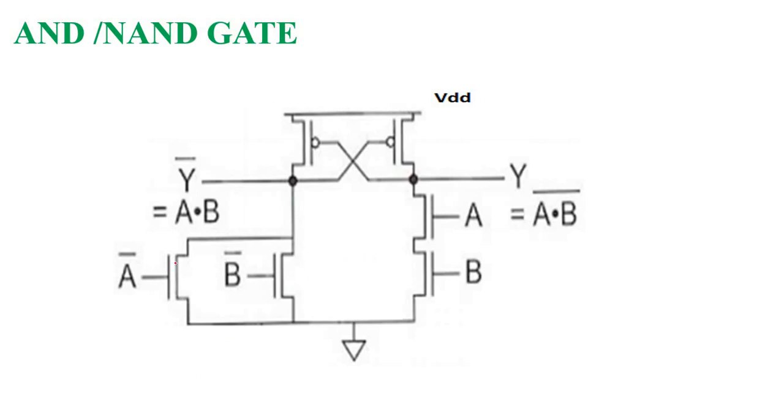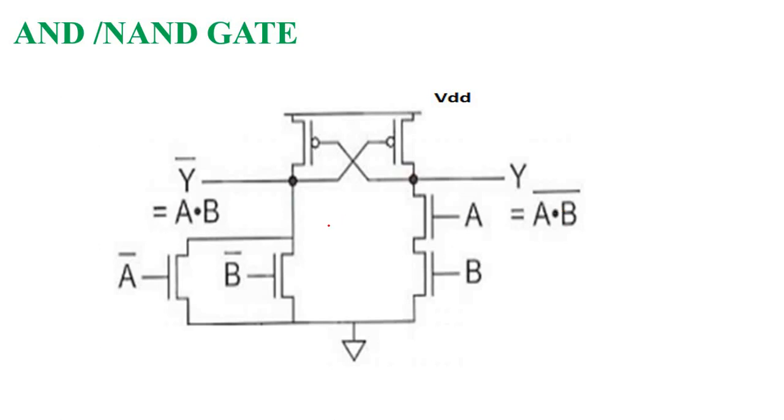Suppose it is a NOR or OR operation. If these two are in series, it is an AND operation, and if these two are in parallel, it is a NOR operation. Like that we can get NAND, complemented outputs and non-complemented outputs. So A dot B and A dot B bar, like that we can get.